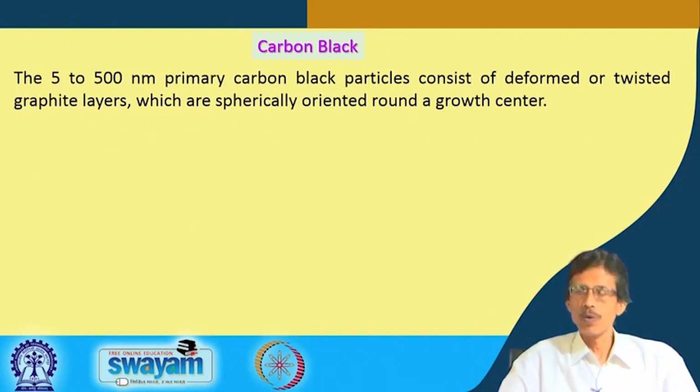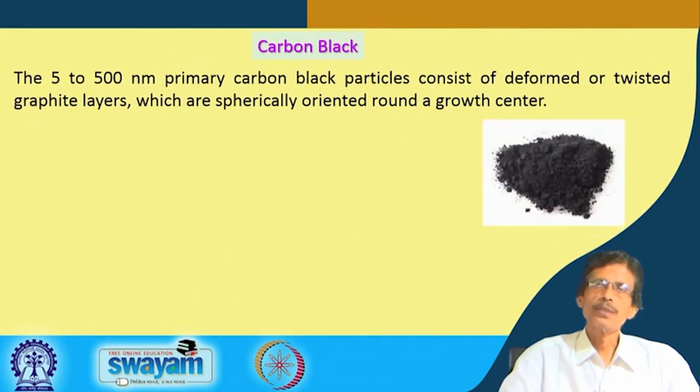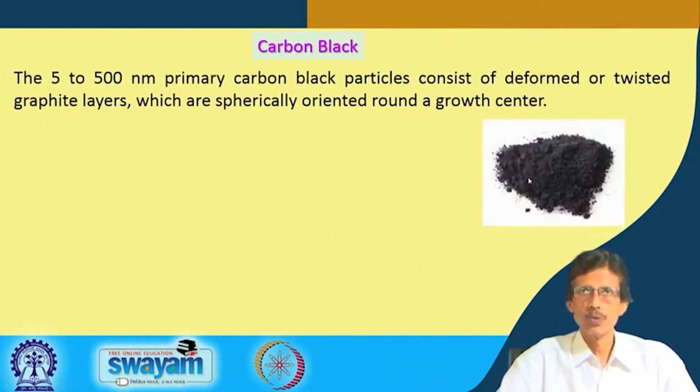So, that is the most important part, how you go for the deformed and twisted form of the graphite layer through a center or core or nucleating point from which your carbon black is being formed. So, this is the corresponding example that is very well known, everybody should know that.